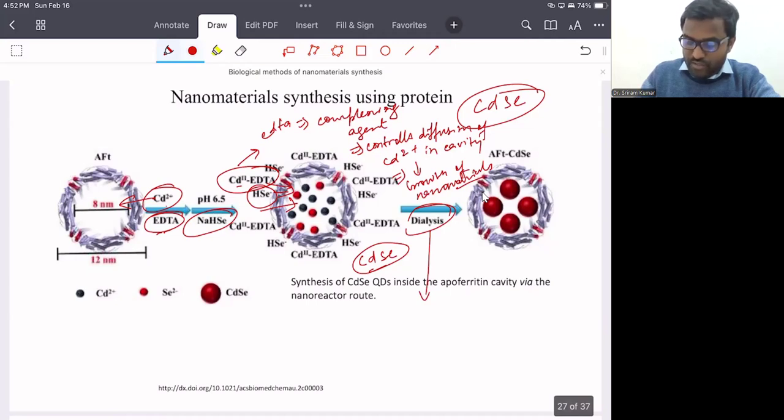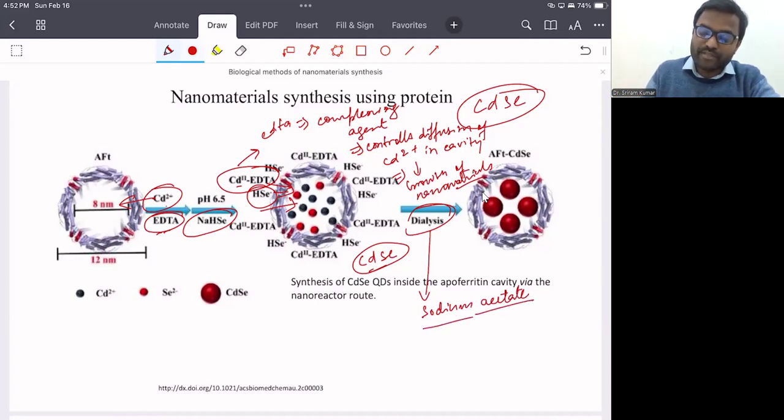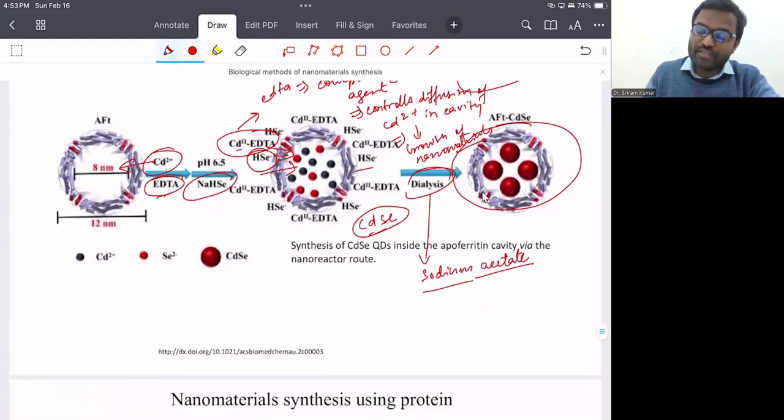In the presence of sodium acetate, unreacted precursors, maybe the selenide or cadmium EDTA complex, come out, and we will have the encapsulated cadmium selenide, this nanomaterial. So we can use these nanomaterials for diverse applications.